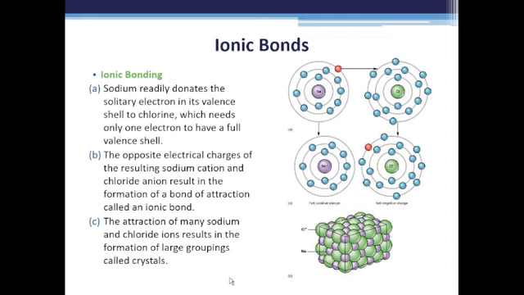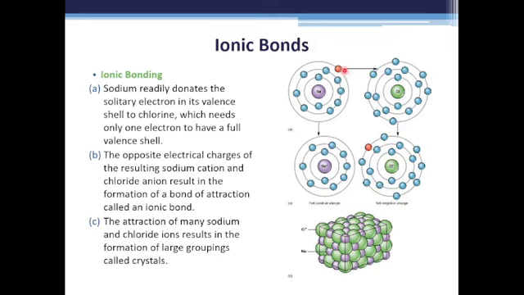Let's begin. An ionic bond forms when electrons are transferred from one atom to another. For example, this is a sodium atom and this is a chlorine atom.